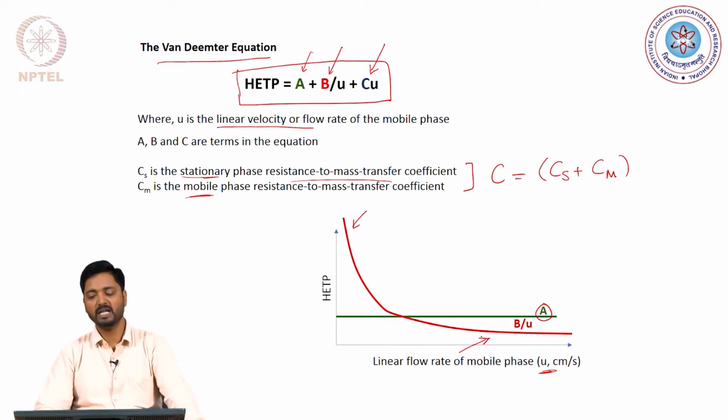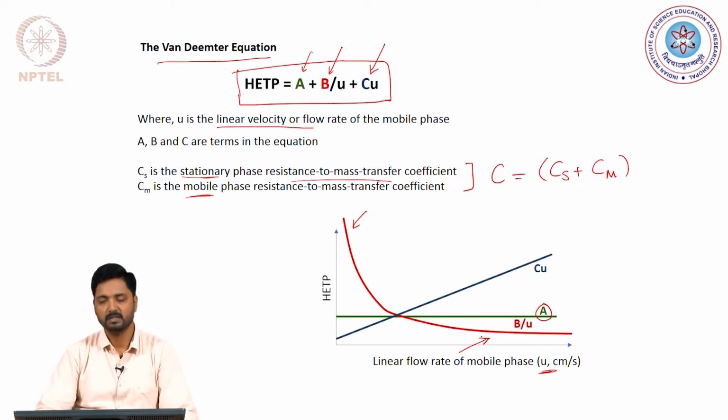Now, finally, the Cu term, the third term of the Van Deemter equation, will give a linear profile with the change in the flow rate of the mobile phase.